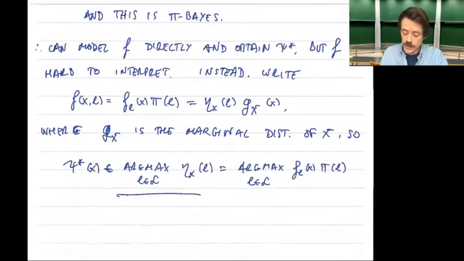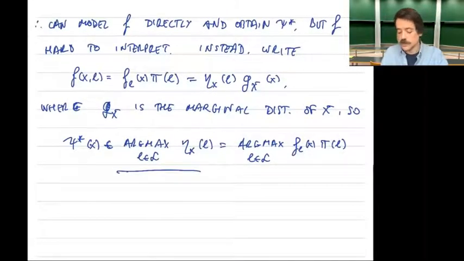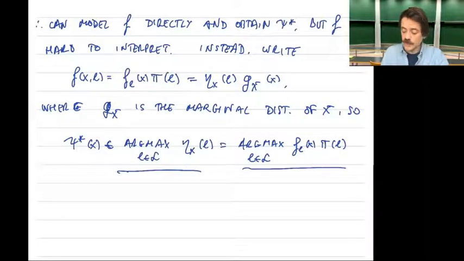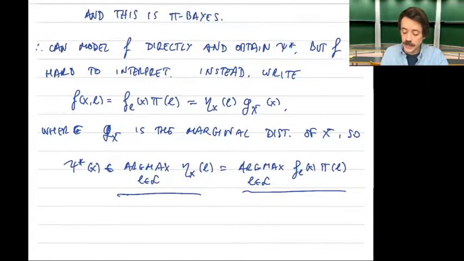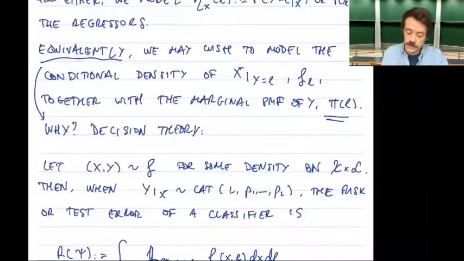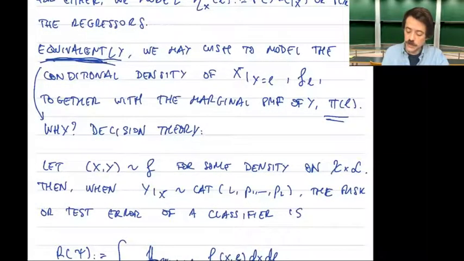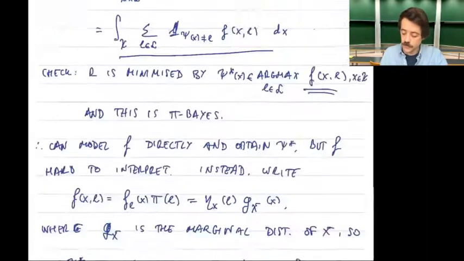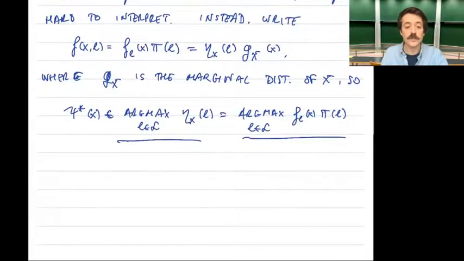Anyway, so we get that modeling the regressor is sensible, but also that we can model the product of these two guys as we claimed, equivalently. So we did this here in this paragraph. We claimed that it was equivalent to model these two separately to modeling the regressors.